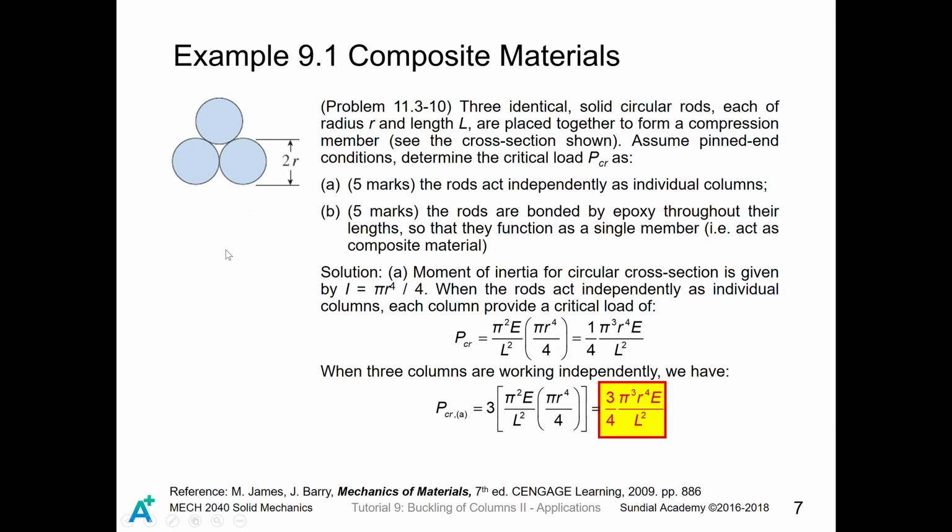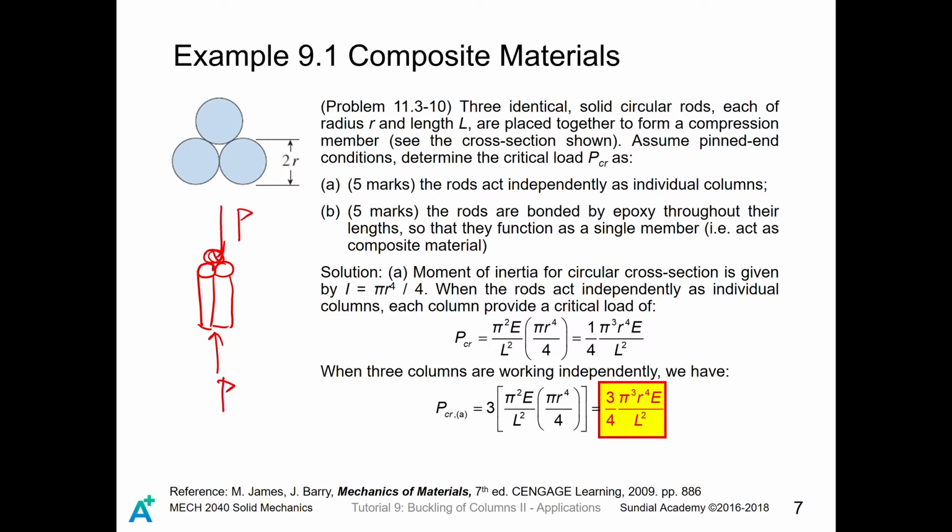Now let's solve some examples related to column buckling. The first problem is about a column of 3 rods. There are 3 rods like this, and each rod has a radius of r. Those 3 identical solid circular rods are placed together to form a compression member, with a load P applying on it.